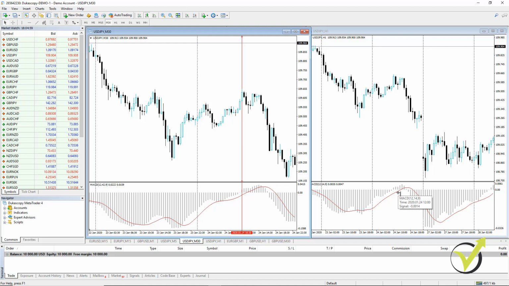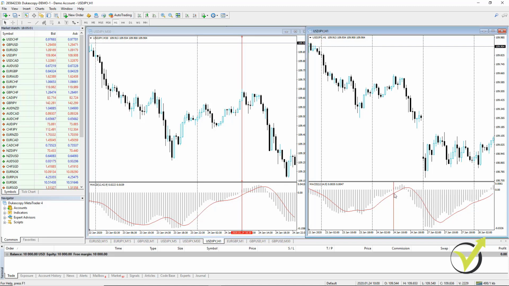I think it's exactly right here, but not over the MACD. I will place it over the chart. You can place lines over the MACD as well, but I prefer it to be over the chart.